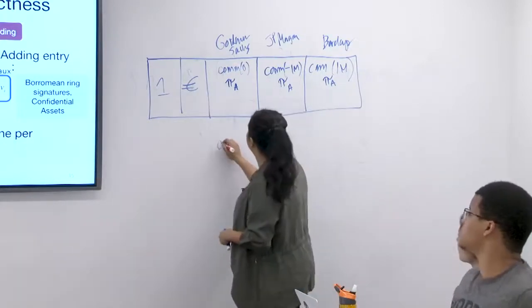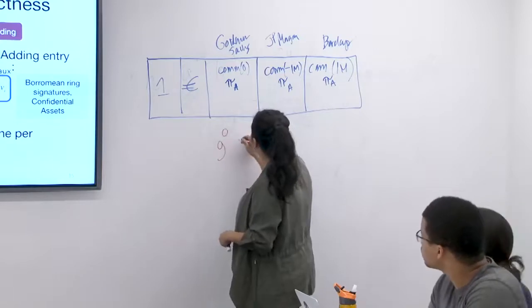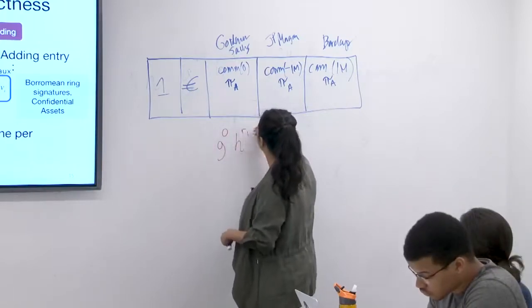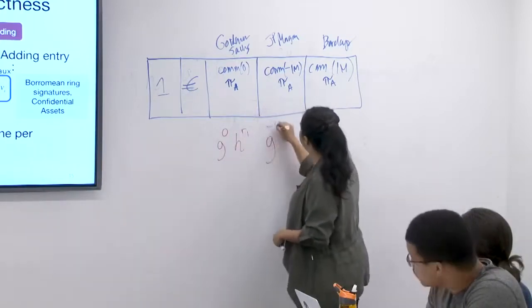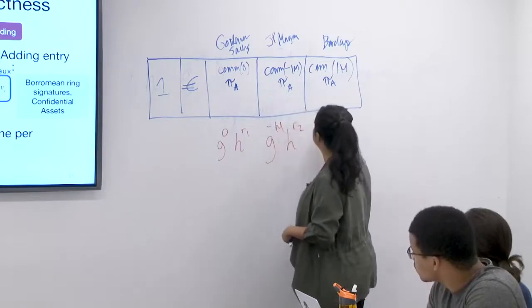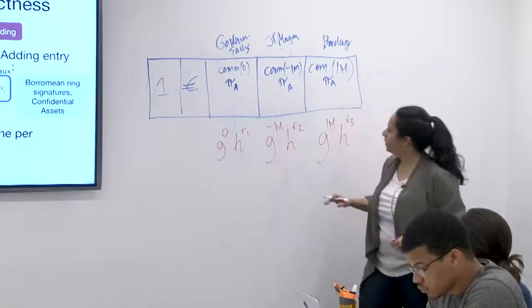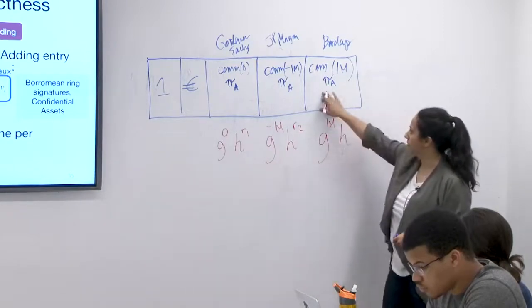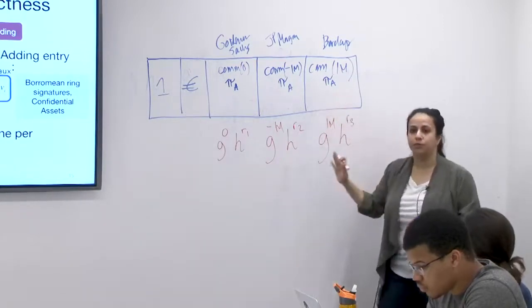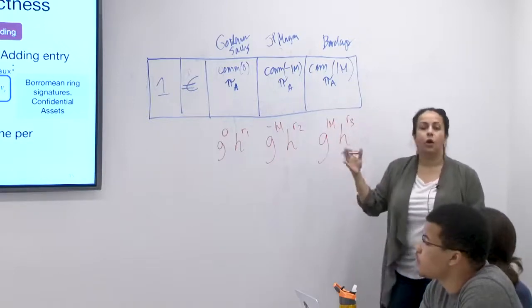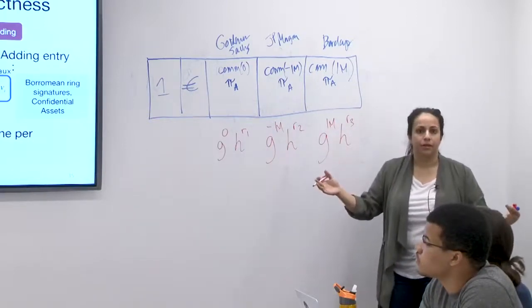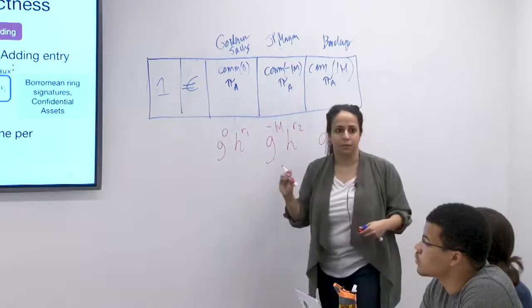Remember, these commitments are g to the 0, h to the r1, g to the negative 1 million, h to the r2, and g to the 1 million, h to the r3. Now, given these commitments, how can we prove to someone that no assets were created or destroyed? What does that mean?